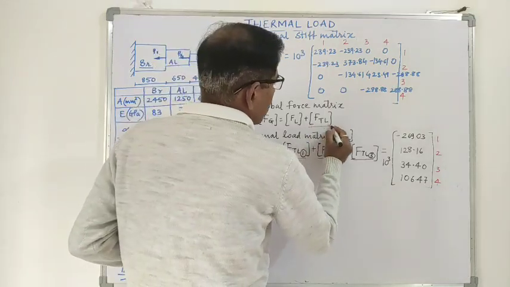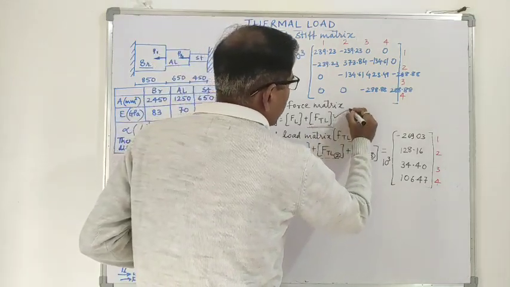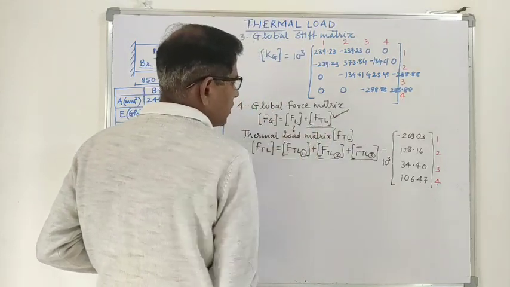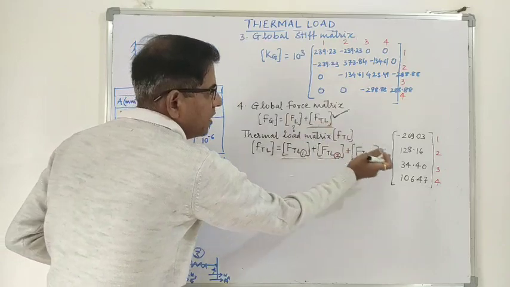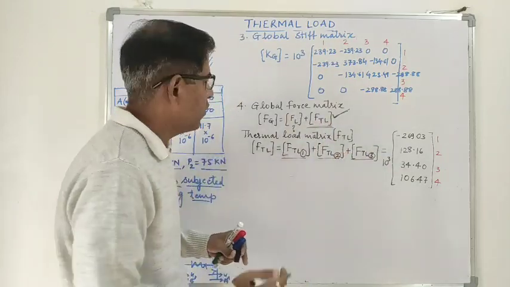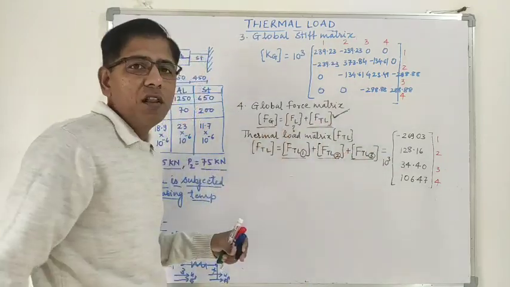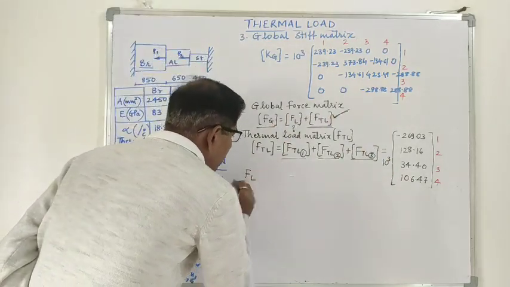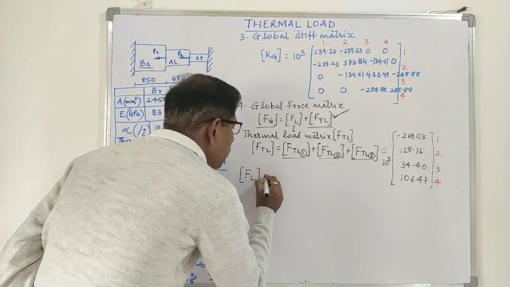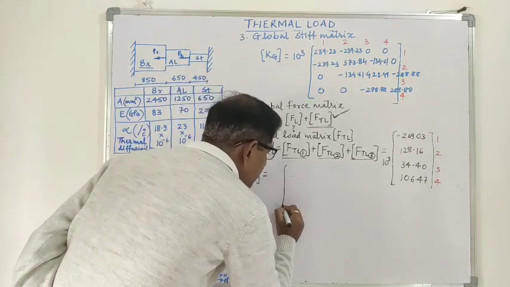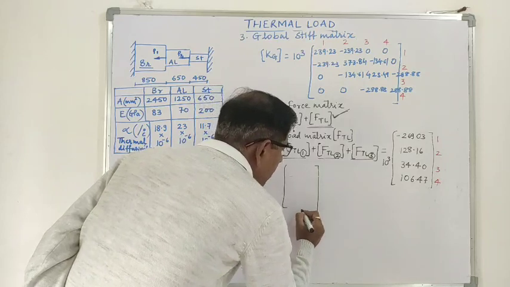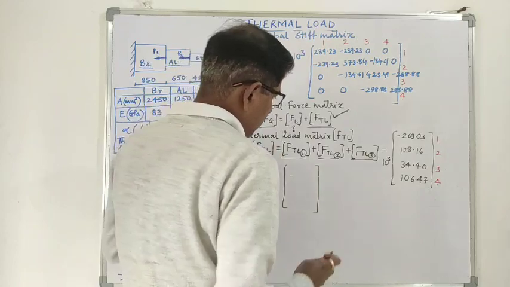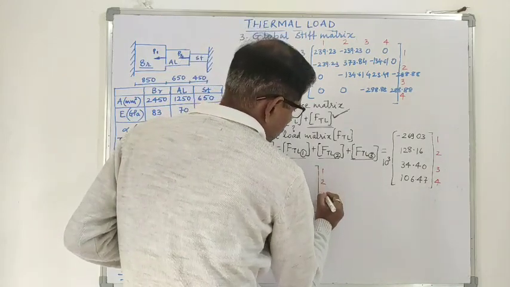This global thermal load matrix we have calculated. Now this external load matrix we will find out, and then we add both these matrices to find out the global force matrix. So next is the external load matrix, for node number 1, 2, 3, 4.